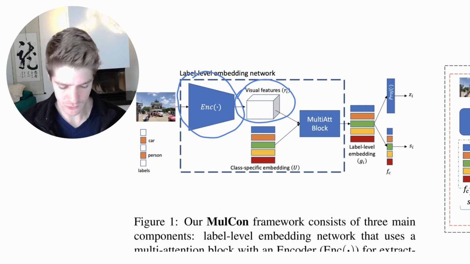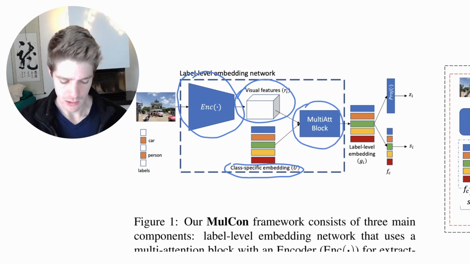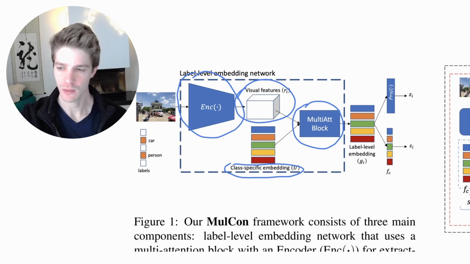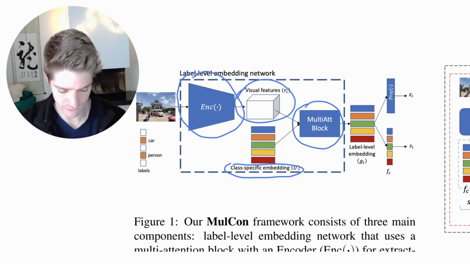Then we can note two major parts here. One is the class-specific embeddings, and one is the multi-attention block. The class-specific embedding is just a stack of embeddings that represent the specific classes. For example, the first one, I don't know, is bicycle.